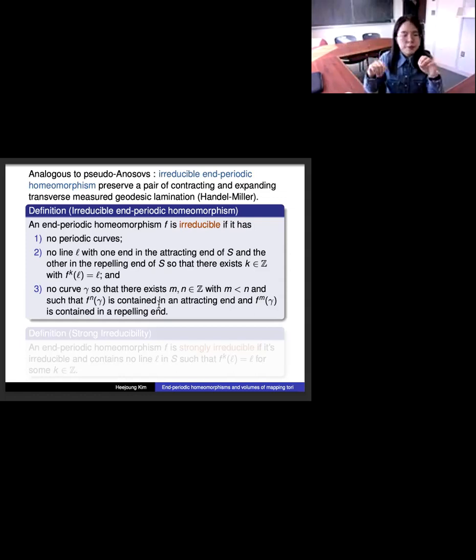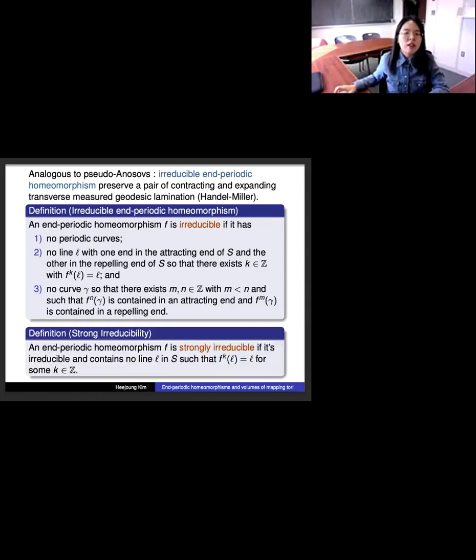If these three conditions are satisfied, then the end periodic homeomorphism is reducible. Additionally, Elizabeth Field, Chris Leininger, Marissa Loving and I introduced an additional condition and defined a strongly reducible end periodic homeomorphism.